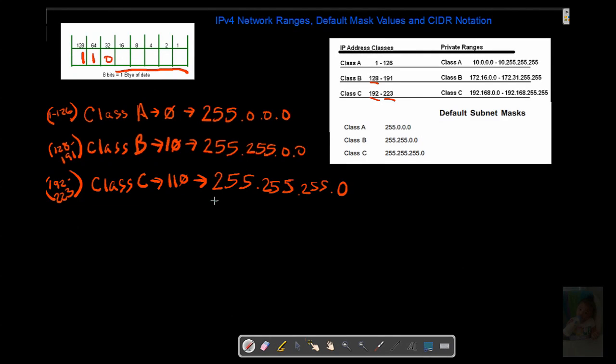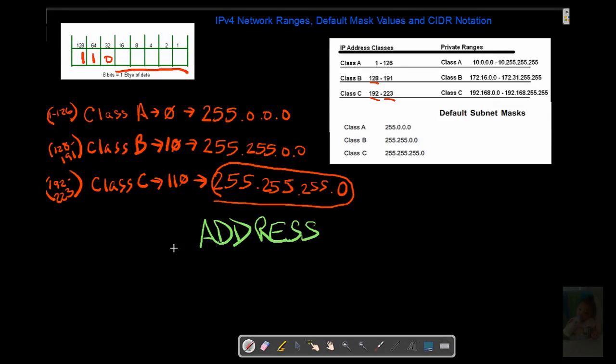Let's figure out what in the world this mask value is and how that comes into play. Well, as we said earlier, when we see an IPv4 address, we understand that we are dealing with a portion of it locating where a device is located at.